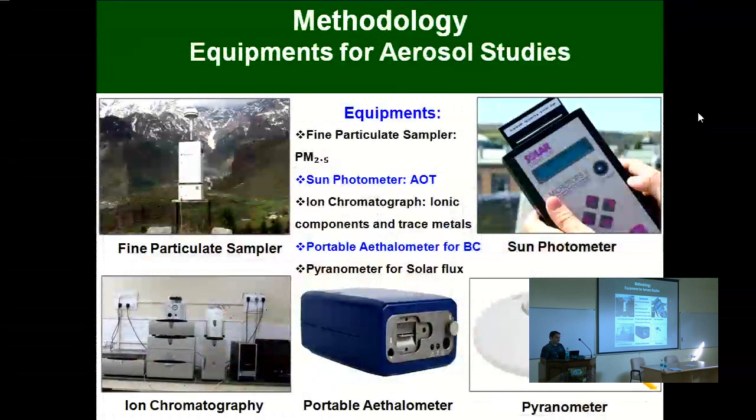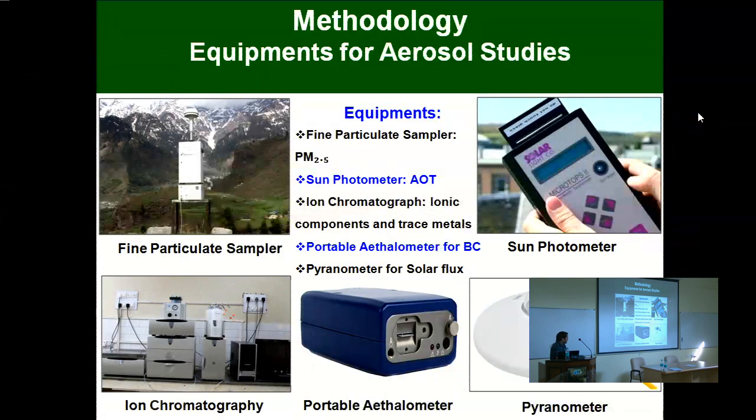For the methodology and equipment for aerosol studies, we use a fine particulate sampler for PM 2.5, a sun photometer for aerosol optical thickness, a chromatograph for ionic components and trace metals, a portable aethalometer for BC concentration, and a pyranometer for solar flux.